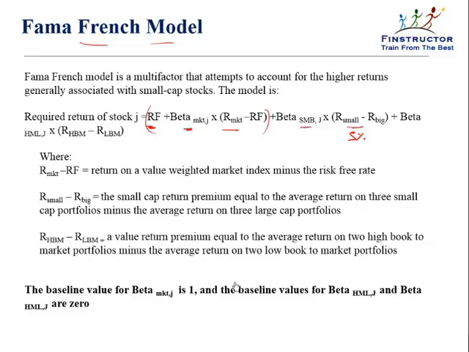So the baseline value of this beta would be 0. So the return not only depends on your market risk, it also depends whether you are a small company or a big company. Generally, small companies outperform by about 5%. So depending on whether you are small or big, your required return will be higher or lower.